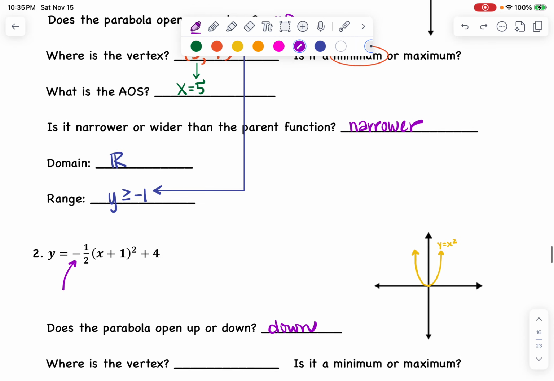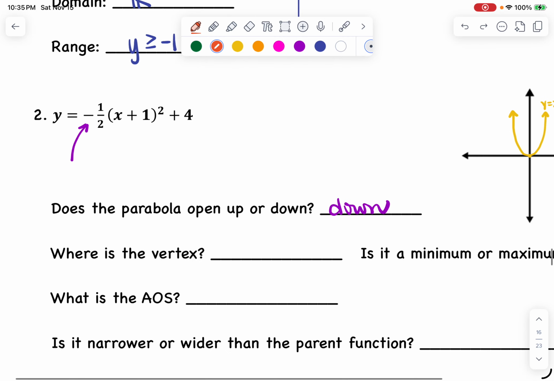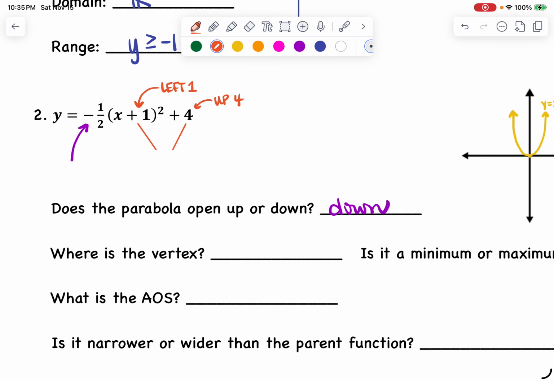All right, so I'm trying to keep the same colors. Where's the vertex? Well, my vertex is the h, k. Because remember, this +1 means we went left 1, and this +4 hanging off the end means we're going up 4. So if I start at the origin and I go left 1, up 4, then my new vertex is -1, 4.